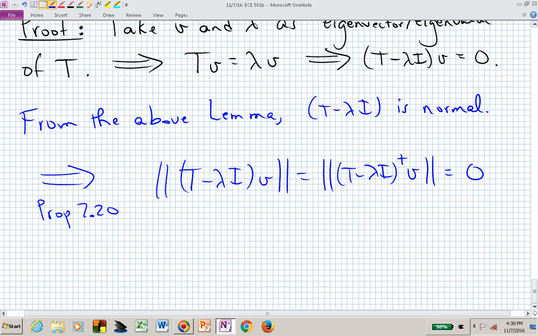But that now applies to the T minus lambda I dagger norm when applied to V. And that now allows us to conclude that V is in fact an eigenvector of T dagger, and its eigenvalue, excuse me, is going to be the adjoint applied to a scalar lambda, which is the conjugate.